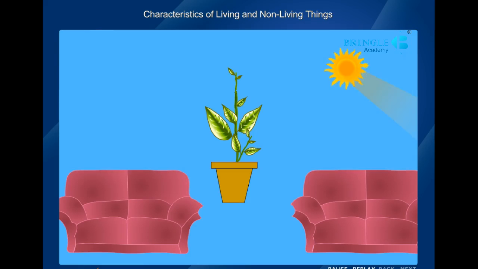Look at the screen and observe how living things feel. Plants can feel too. Observe this plant. It is kept in a dark area. You observe that the plant is moving towards the sunlight.